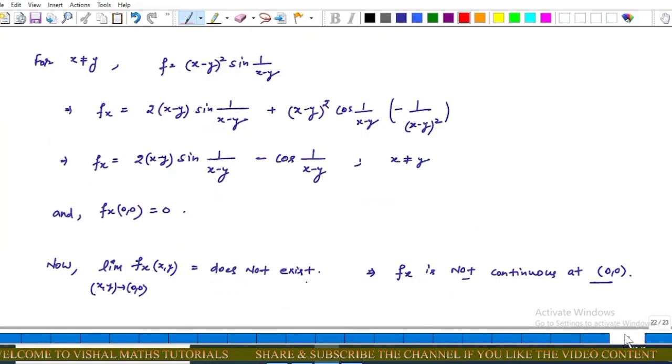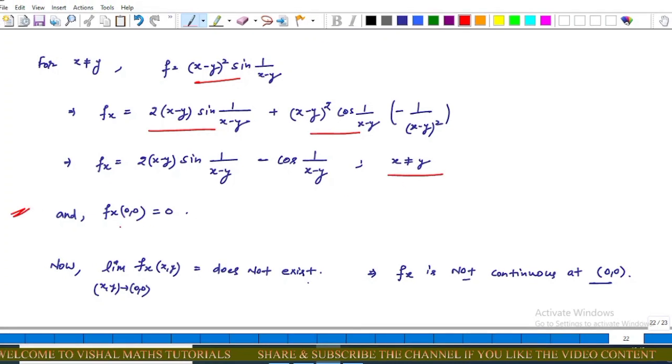Now to go further: for x ≠ y, the function is this. Taking the partial derivative of this function with respect to x, we get fx = 2(x − y) sin(1/(x − y)) − cos(1/(x − y)) for x ≠ y. From the previous discussion we have fx(0, 0) = 0.